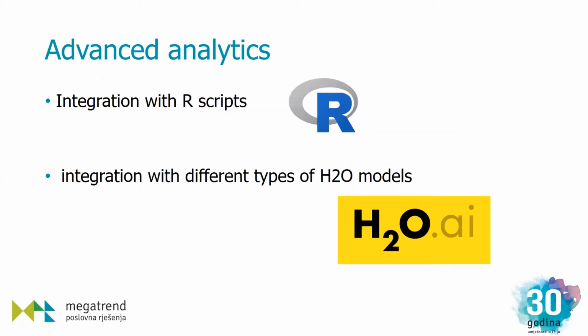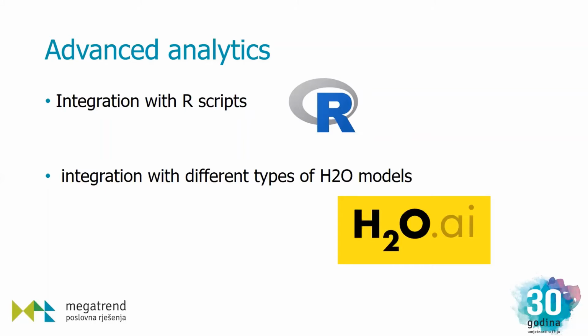So the models or the functions we have seen before are some simple time series models. But if we want to use more advanced machine learning and deep learning techniques, there is an option to write your custom models and use it in Yellowfin. Yellowfin is integrated with R, and scripts created in R can be later called in Yellowfin. Also, there is an integration with different types of H2O models.